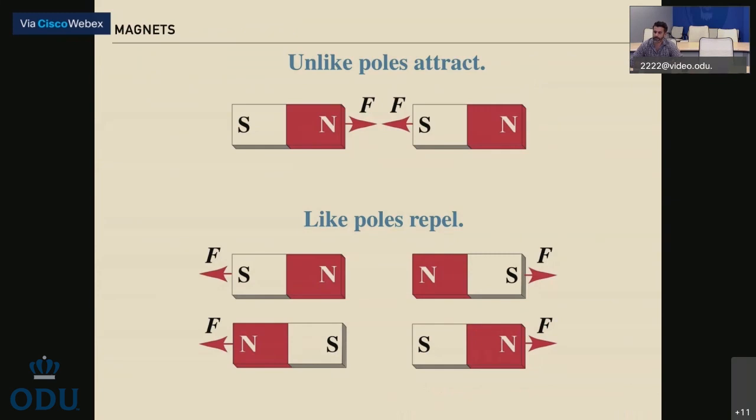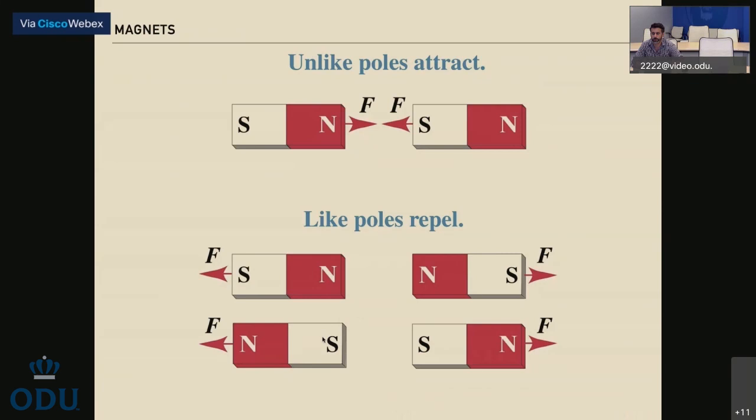And some things that are worth remembering is that if you grab two bar magnets, they will interact, so they feel each other. If you align them north end to south end, they're going to attract each other. While if you grab the like ends of the poles, the North Pole of one magnet and the North Pole of the other magnet, they're going to want to repel each other.